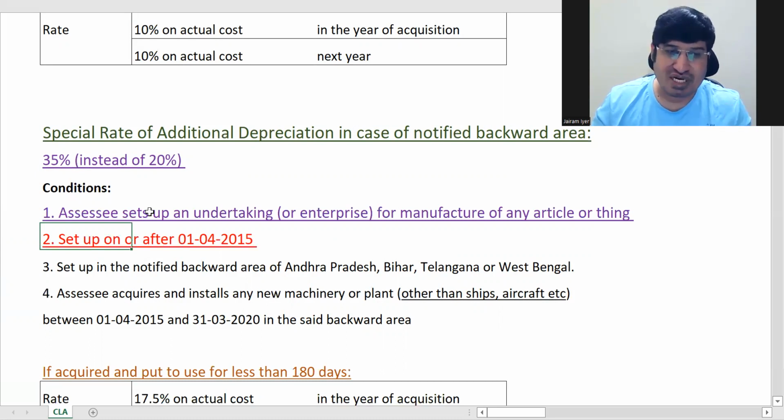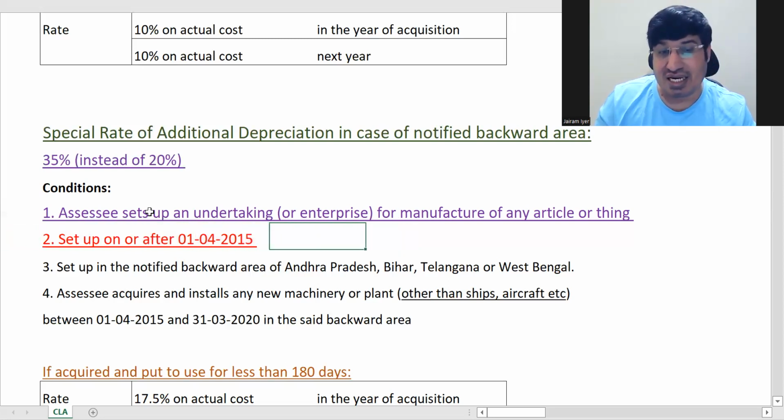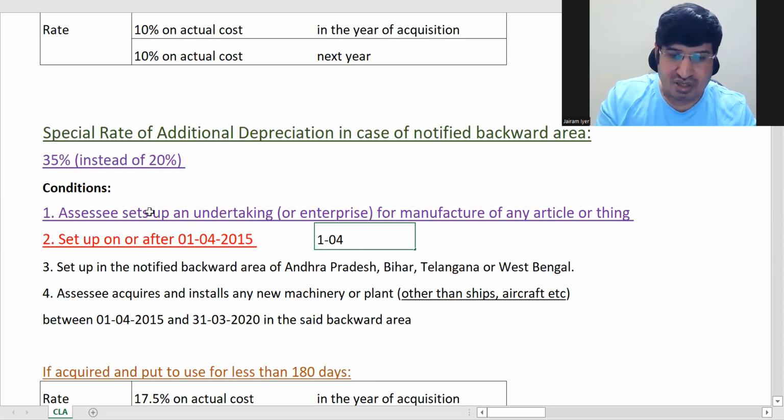There in additional depreciation, we did not have this point. We only had installation of plant and machinery. Here you're talking about setting up of the plant. So 1/4/2015, there it started from what? 1/4/2005.